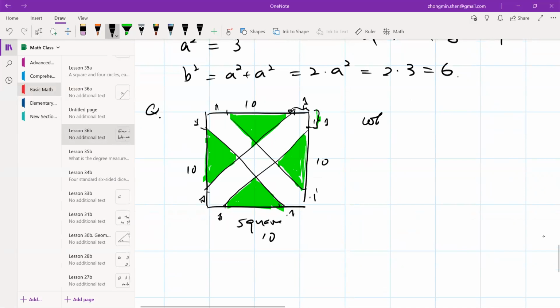Okay, my question is, what is the total area of the shaded region? So you have 4 triangles there. Add the areas together.